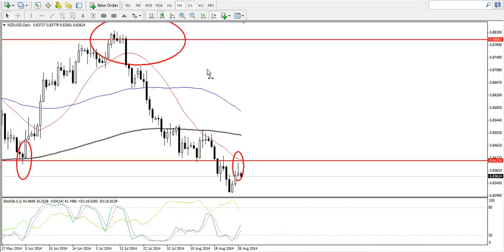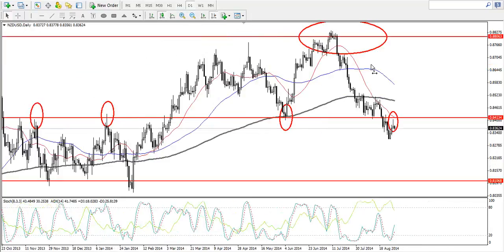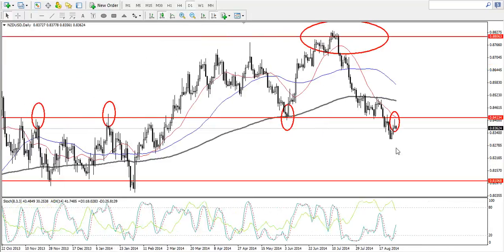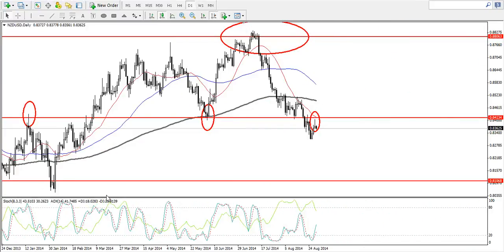Looking at the downside, of course, that would be the next support level at 0.8106. So I guess the risk to reward ratio is still pretty healthy. So that's all for the Kiwi against the dollar.